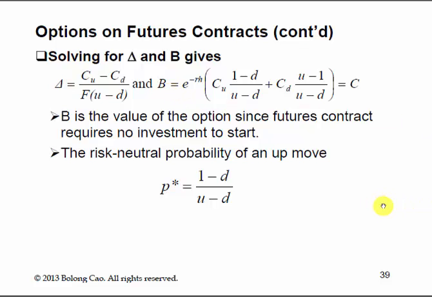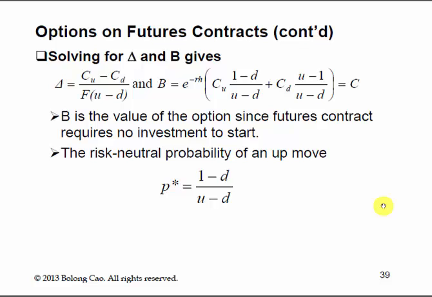Now think about the replicating portfolio. Before, what we had was a long position in the underlying plus the money that is borrowed. But now, since the futures contract costs nothing, the long position itself costs nothing. So in that replicating portfolio, the only thing you have is the amount of money that is borrowed, and it has to be the value of the call option itself.